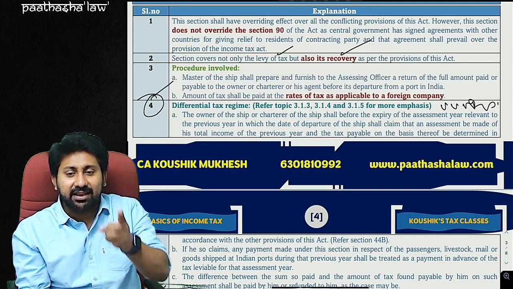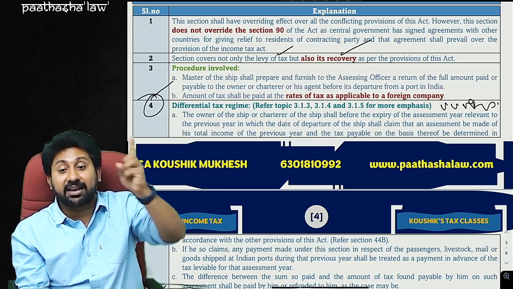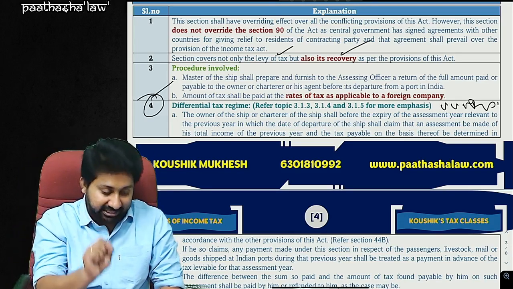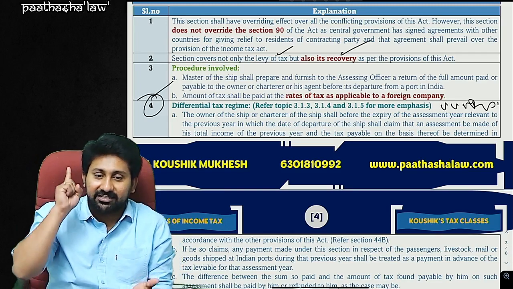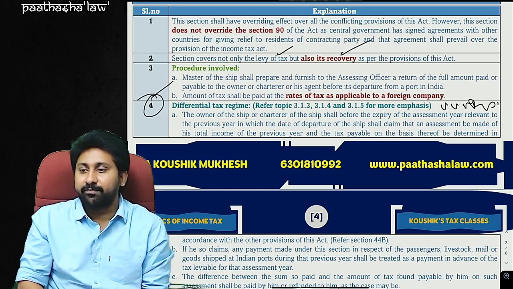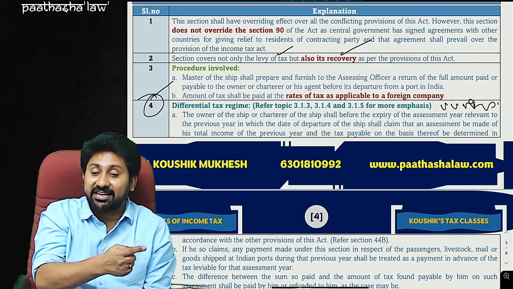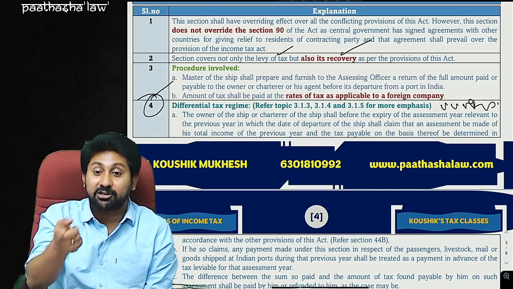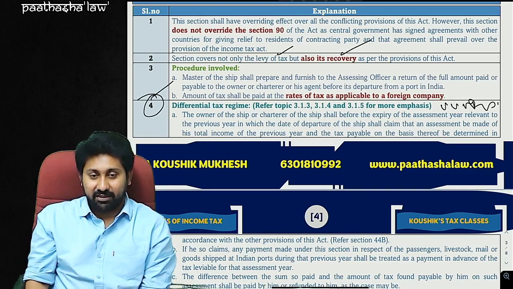notwithstanding anything contained in this Act, if you adopt section 172, the provisions of income tax do not apply to you. If this non-resident has any business loss in India, he cannot set it off, because of the notwithstanding clause.